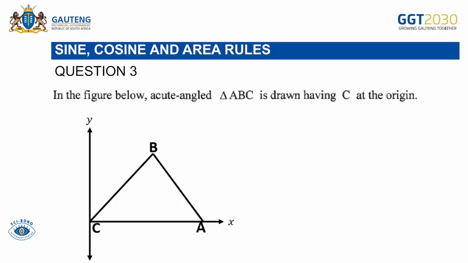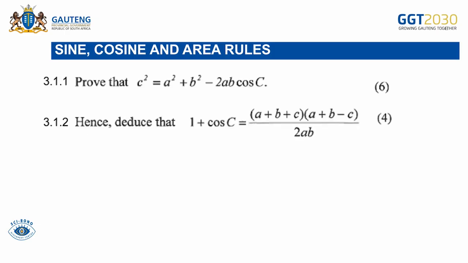Very tricky. In the figure below, acute angle triangle ABC is drawn having C at the origin. What's the question? We are asked to prove the cosine rule.